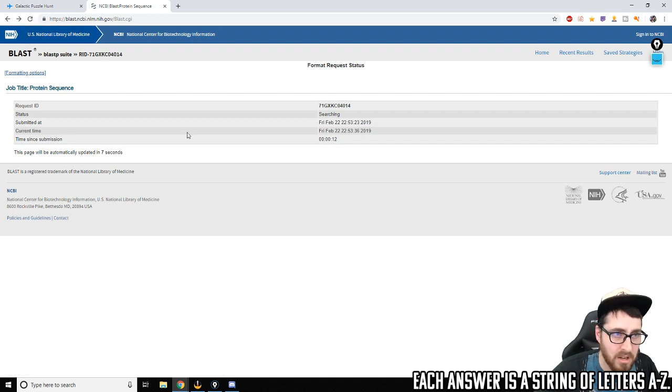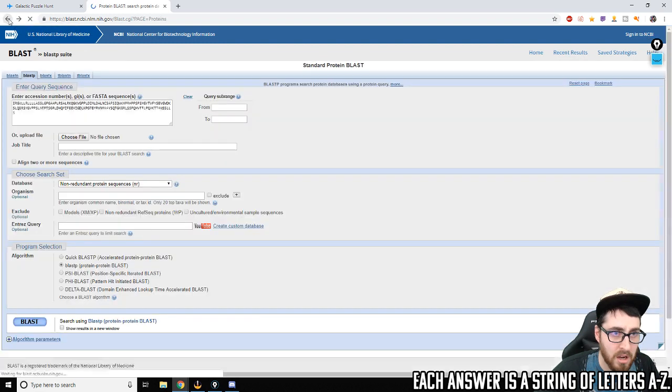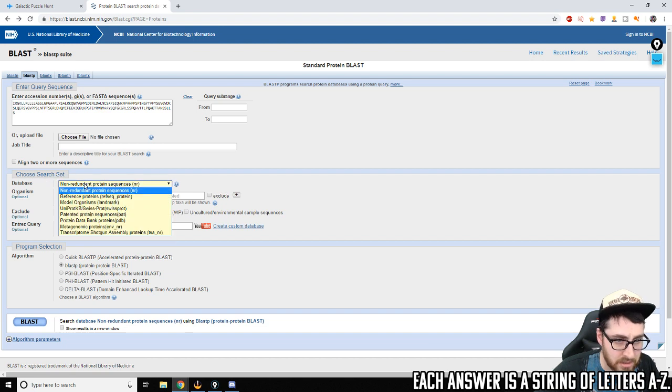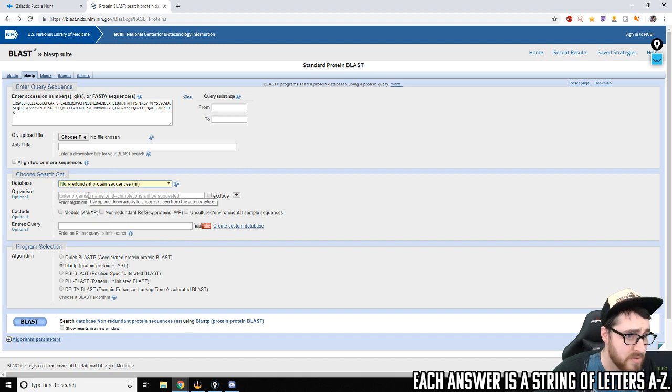Hold on. Okay, hold on. So here's the sequence. Non-redundant protein searches. Geez, I have no idea.